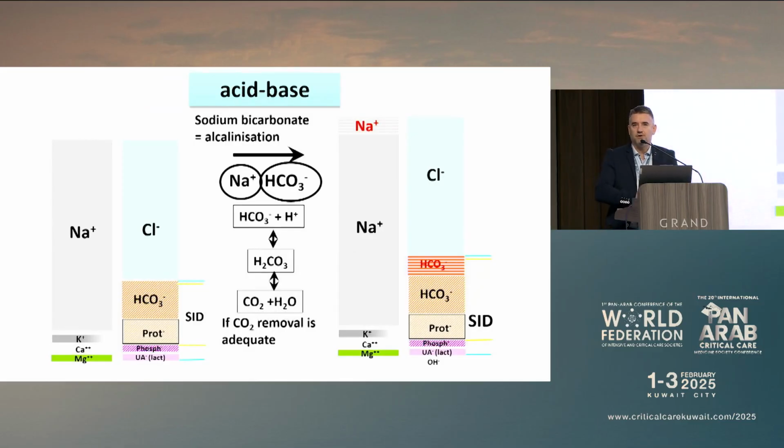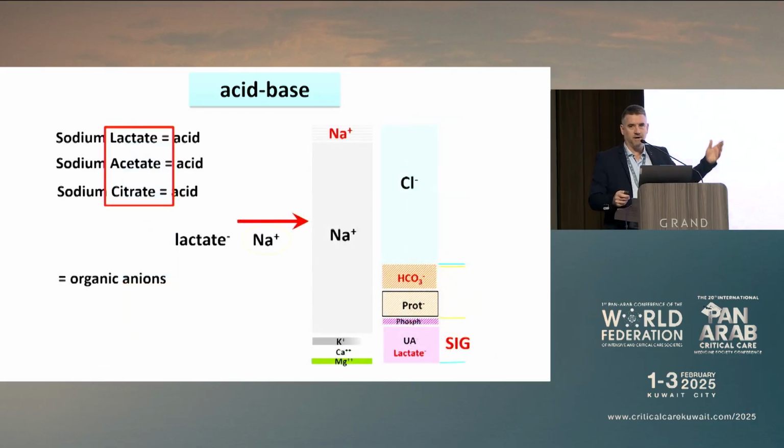When you give sodium bicarbonate, you give sodium and bicarbonate. You will metabolize bicarbonate into sparkling water, CO2 and water. And at the end, only sodium will remain in the patient. It's the same with lactate, acetate, or citrate.